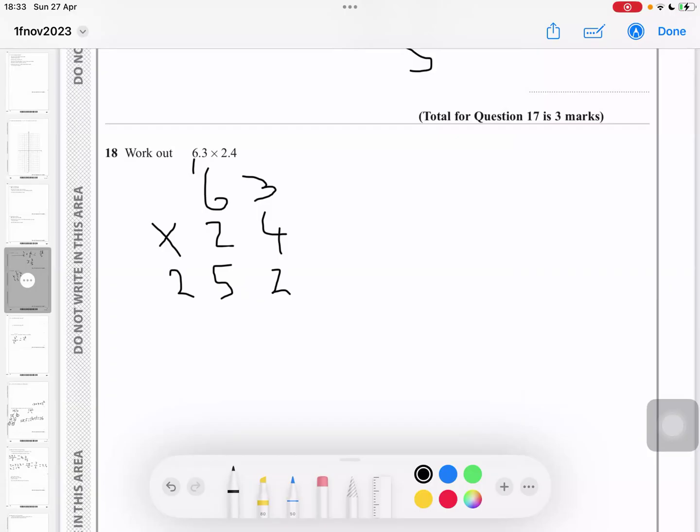Perfect. Okay, good. Yes, yes. 11. Perfect. Okay, that's nice.